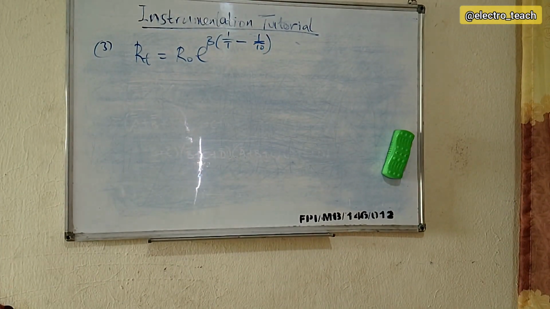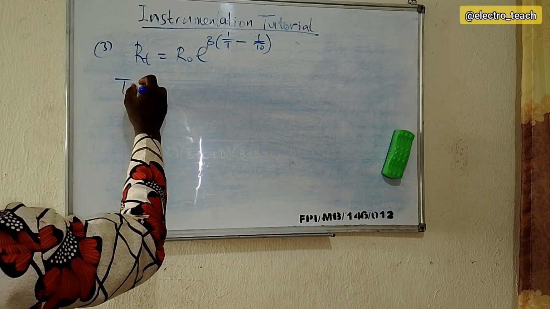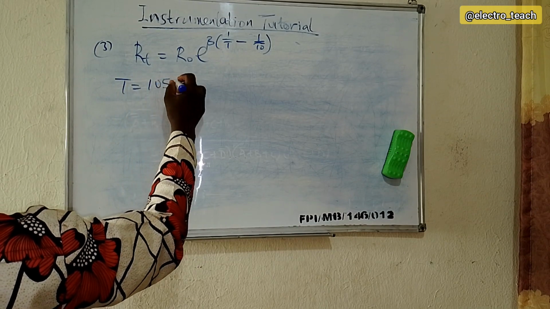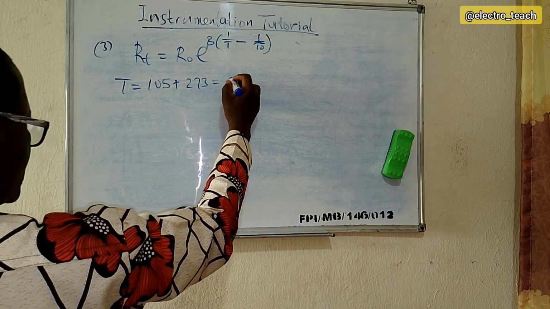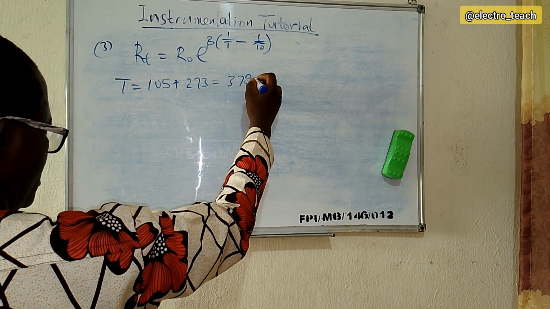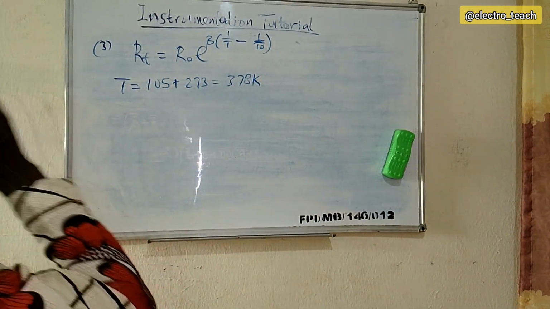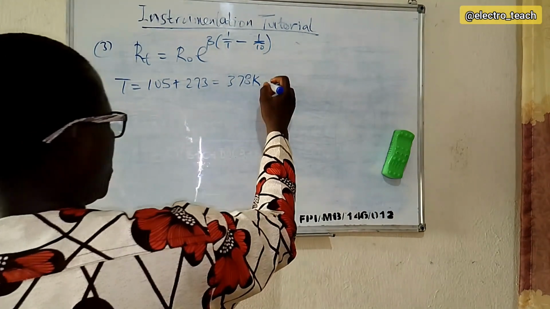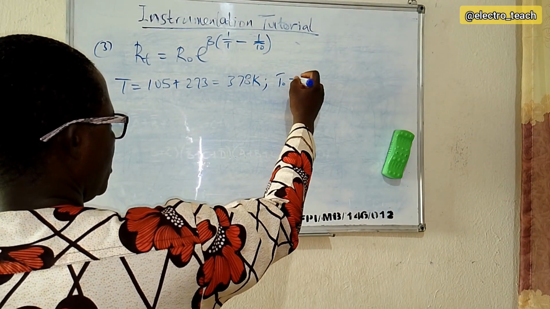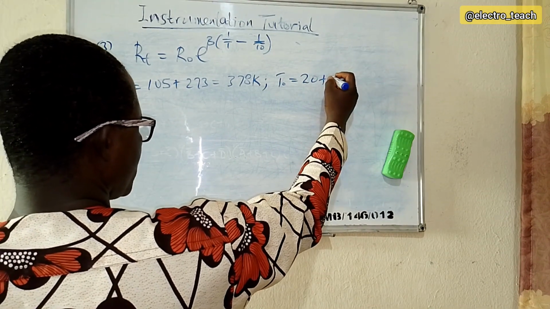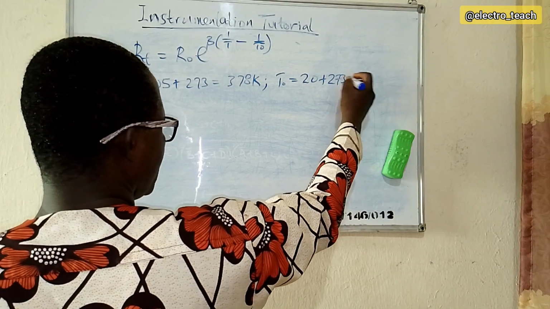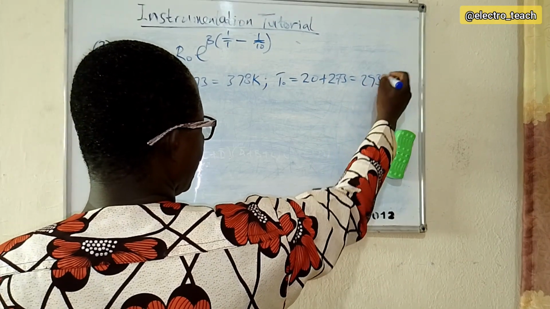And T is actually 105 plus 273, that gives us 378 Kelvin. So the temperature must be converted to Kelvin. And then TO equals 20, that is the reference temperature, plus 273, and that's 293 Kelvin.